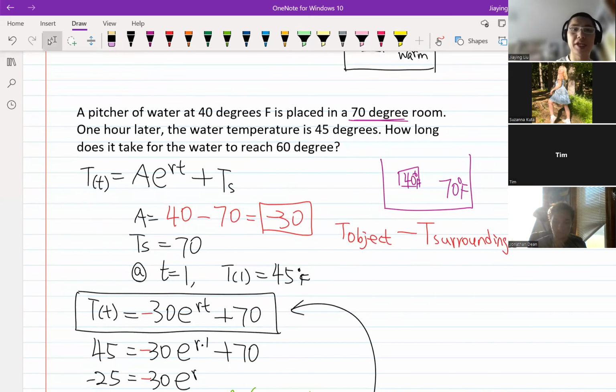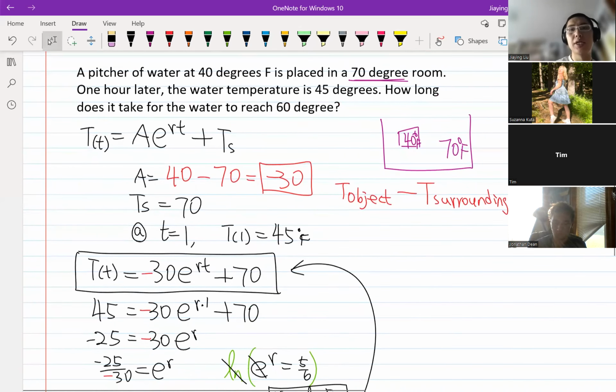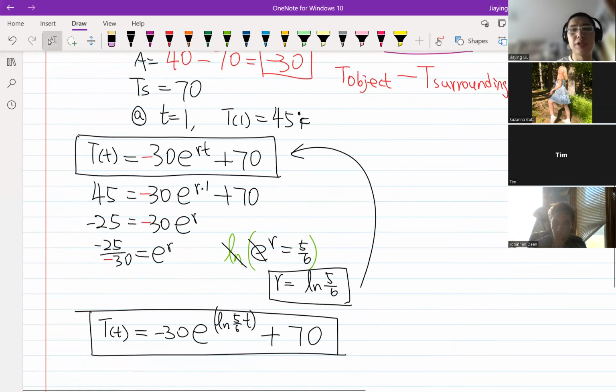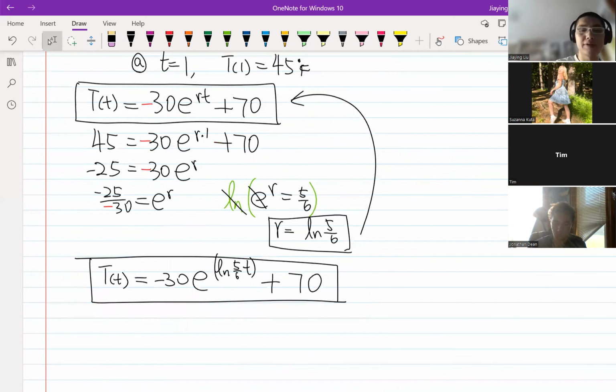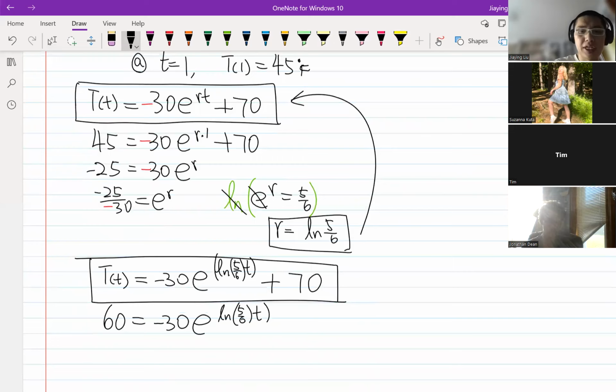It says, how long does it take for the water to reach 60? So now if we plug in 60 for the temperature of the object, the pitcher, we can solve for the time. We get 60 equals negative 30 e raised to the natural log 5/6 times t in the exponent plus 70.